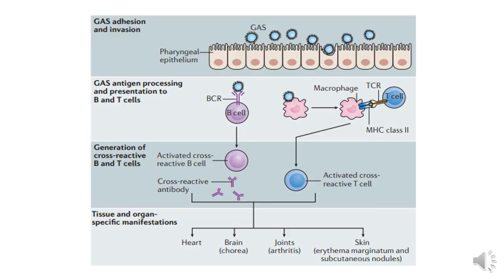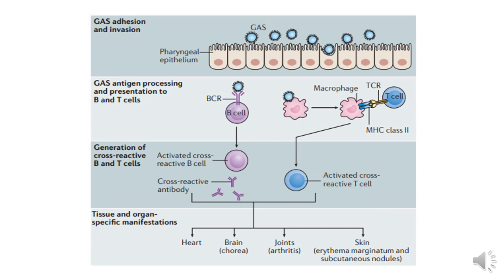This is a diagram showing how the group A beta hemolytic streptococci invades the cell membrane of the pharyngeal epithelial cells.